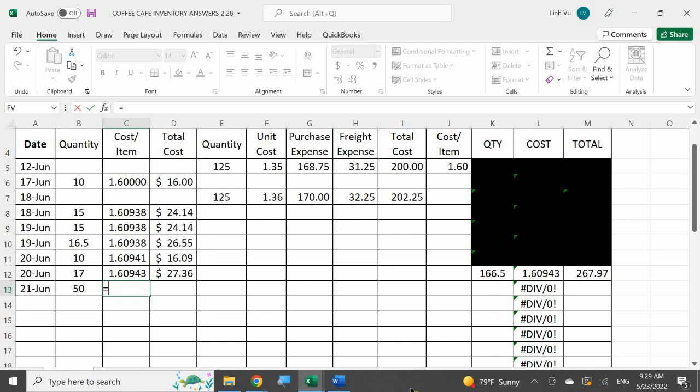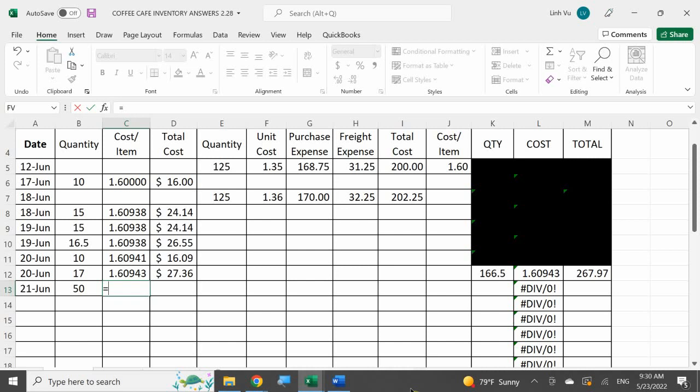No. Look at my screen. Right now, I have 166.5 pounds. Right now, it's costing me a grand total of $267.97. How much is my average cost per item?